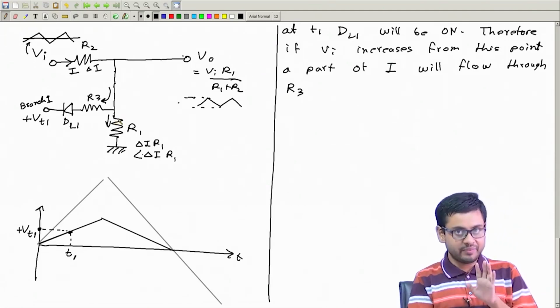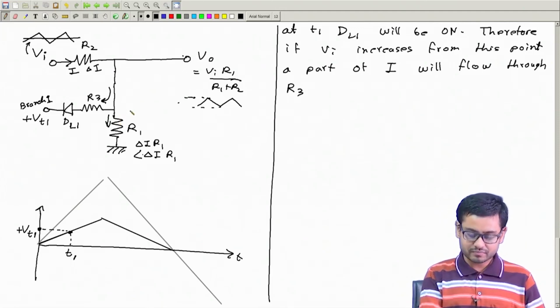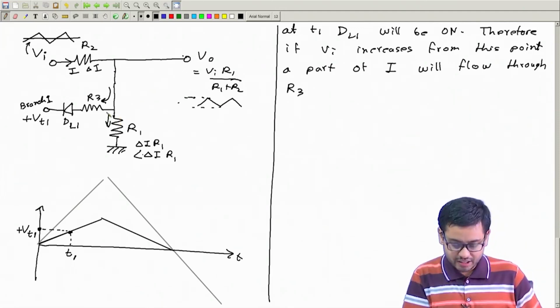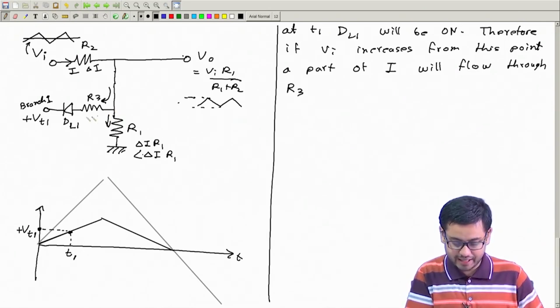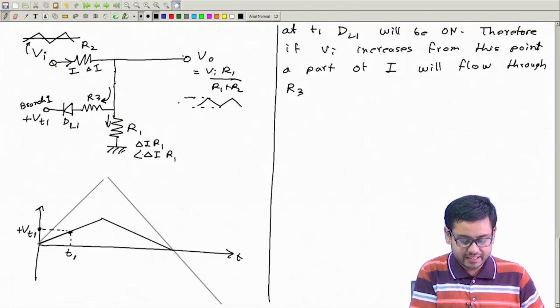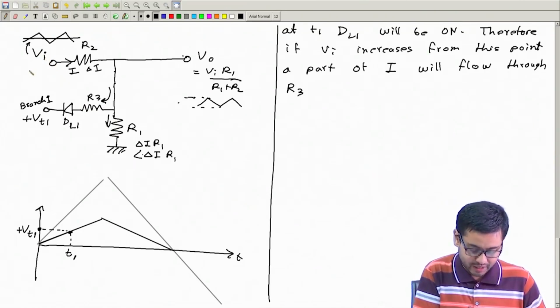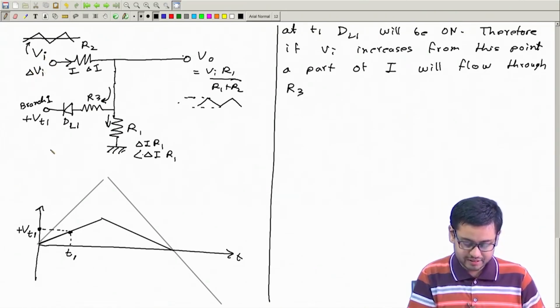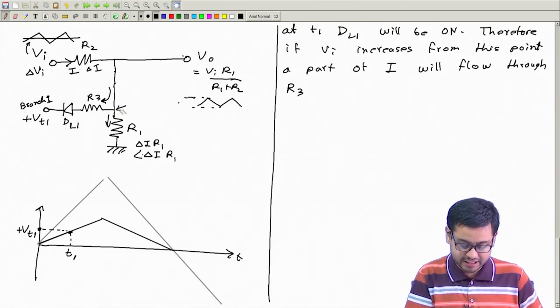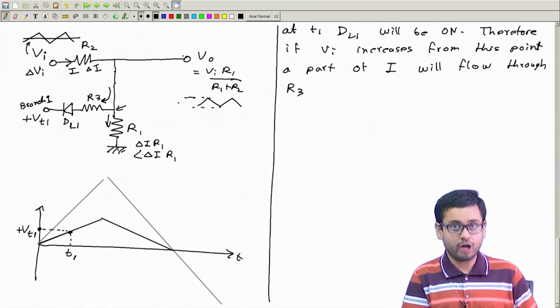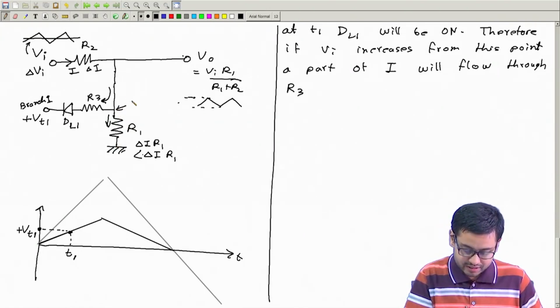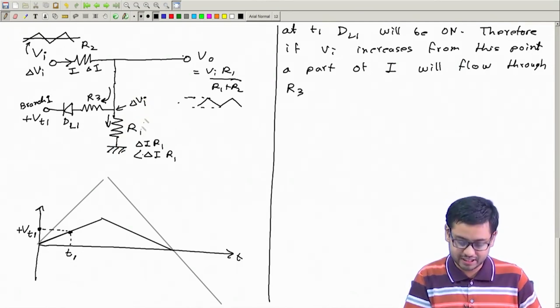Okay, the same thing I can explain in another way. So now onwards, you can consider these two resistances are in parallel. Any change in this voltage, if Vi changes by delta Vi, then the voltage that will change across R1 will be delta Vi multiplied by a fraction.